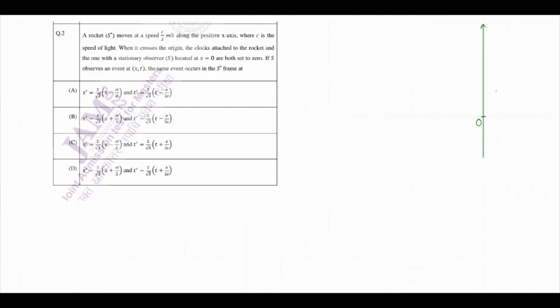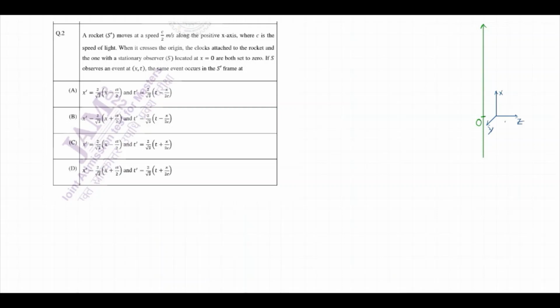We have two frames. One is S, and the S frame is stationary at the origin. So this is the x-axis, this is the y-axis, this is the z-axis as per my drawing.